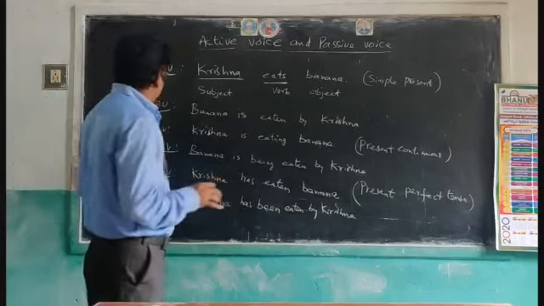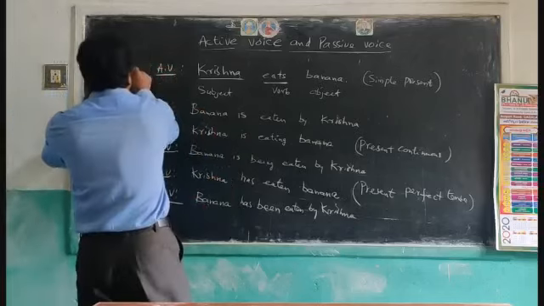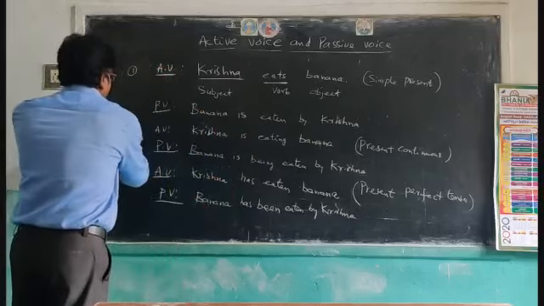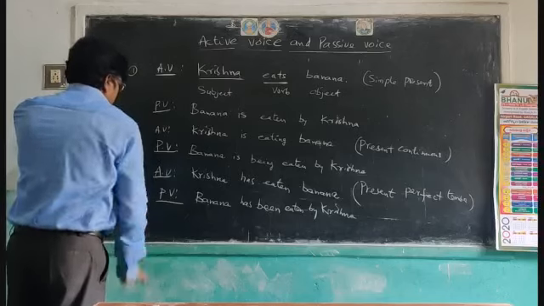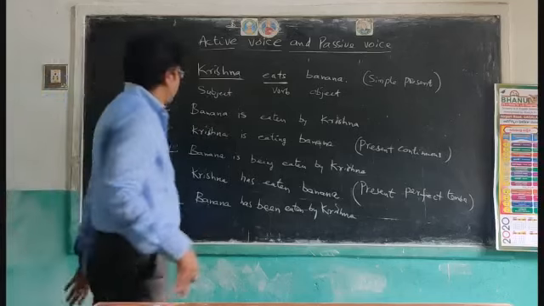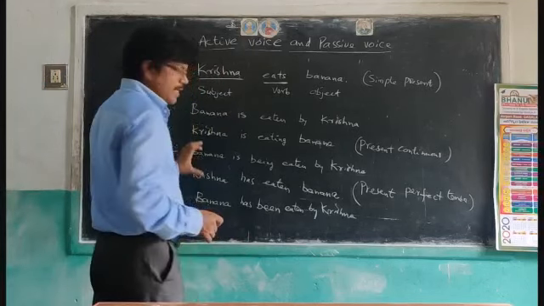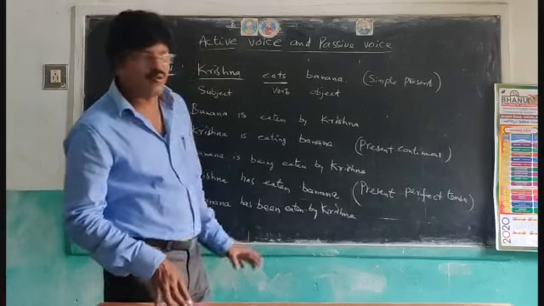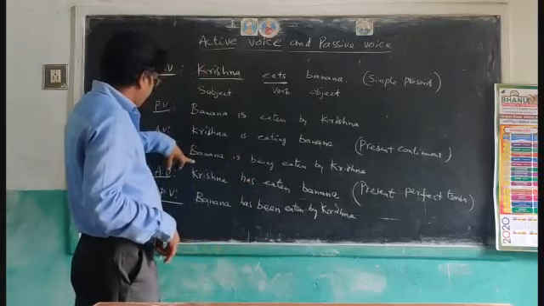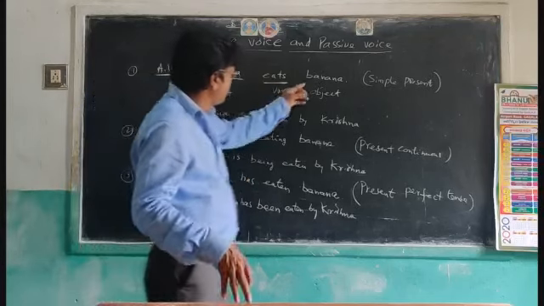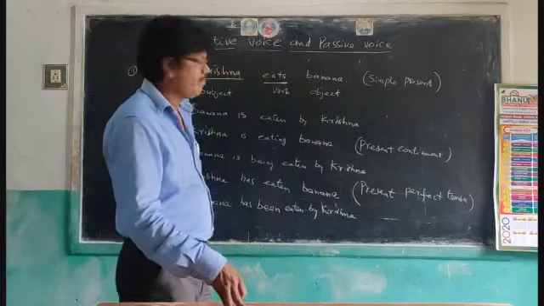I have finished three sentences. If you observe all these three sentences, compare them. In all the passive voice sentences the subject is the same, banana. The object is the same, by Krishna.